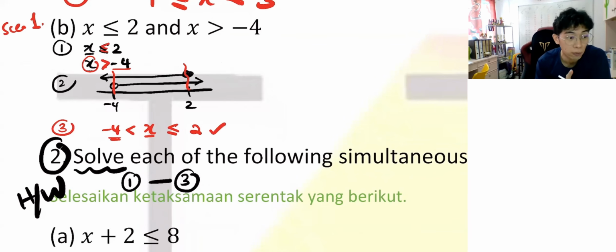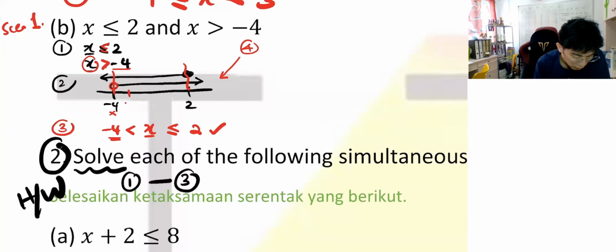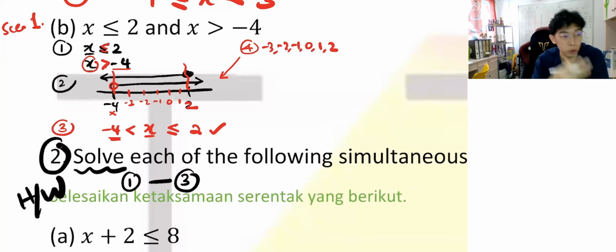So the conclusion, you have to be very, very careful. Then finally, number 4, you have to get all the possible values, right? So just read here can already. So do you take -4? You don't take -4. So you take -3, -2, -1, 0, and 1. Do you take 2? You take 2. So -3, -2, -1, 0, 1, and 2.